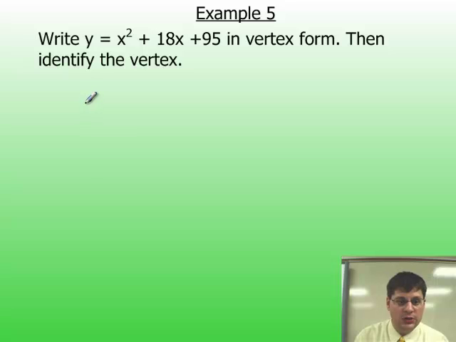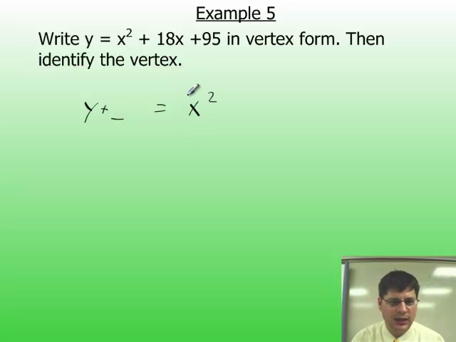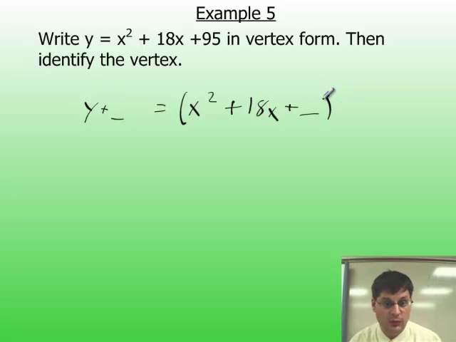So what I want to do is set this up a little bit differently. I'm going to say y plus something is equal to, and then over here I'm going to have my x squared plus 18x, and this is going to be my parentheses, where I'm going to have my square, and then I'm going to have plus 95 here at the end.